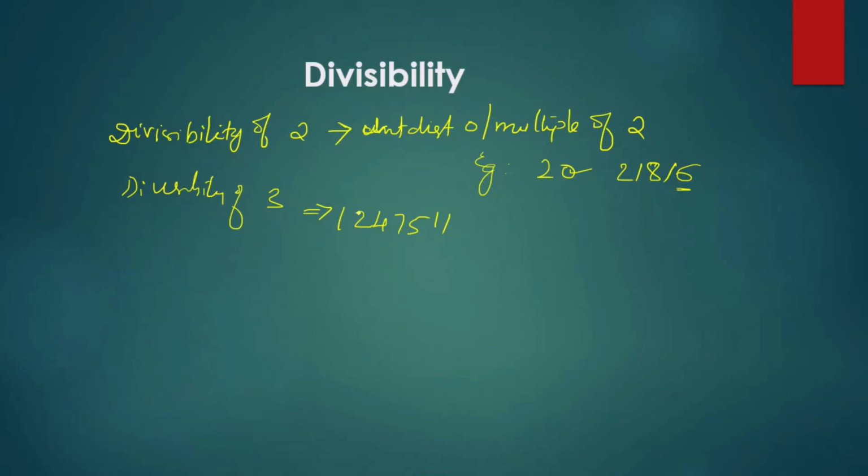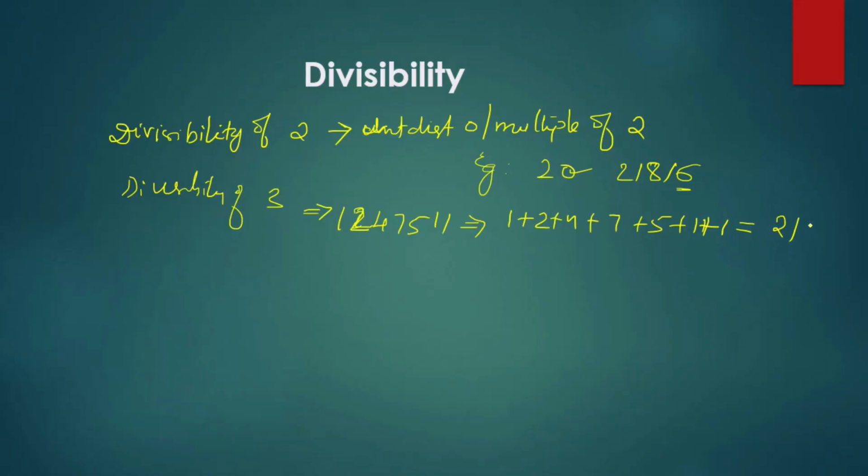To check whether this number is divisible by 3, you have to add all the digits: 1 plus 2 plus 4 plus 7 plus 5 plus 1, sorry, and you will get the answer 21. When you are given a number, you have to add the individual digits.